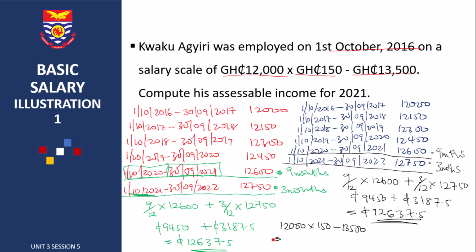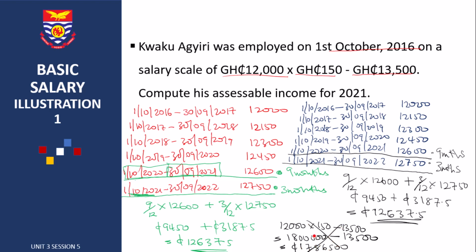In this case, for the first part, you are going to get 1,800,123 minus 13,500, giving us 1,786,500.